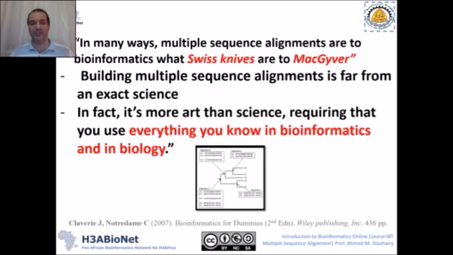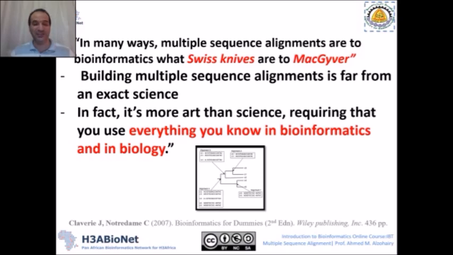As a biologist, you will have multiple sequence alignment as a very important tool, something like the Swiss knife for MacGyver in the movies. He usually uses a Swiss knife to make important things. So for biologists, multiple sequence alignment is very important to interpret a lot of data and extract a lot of information from your sequences.